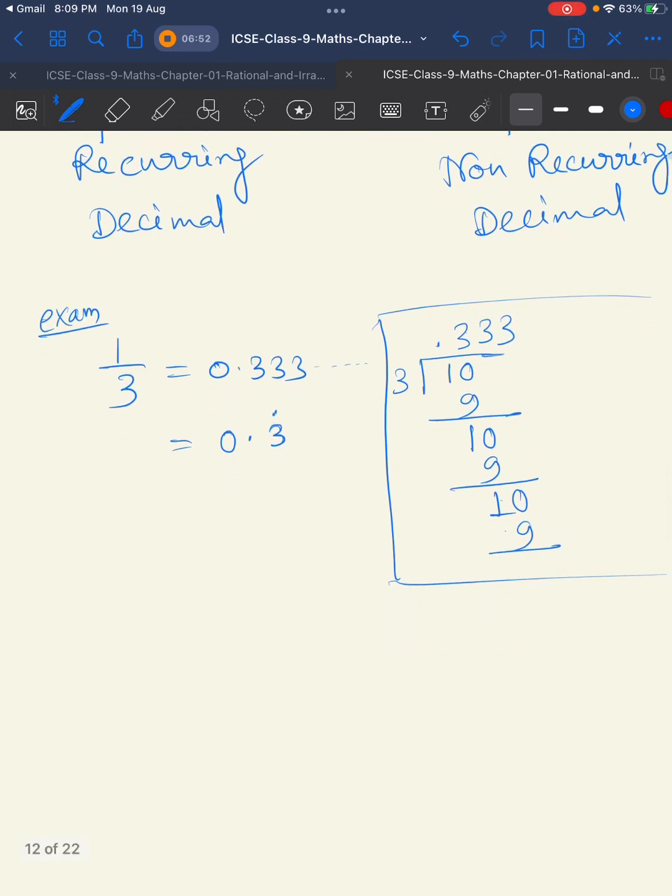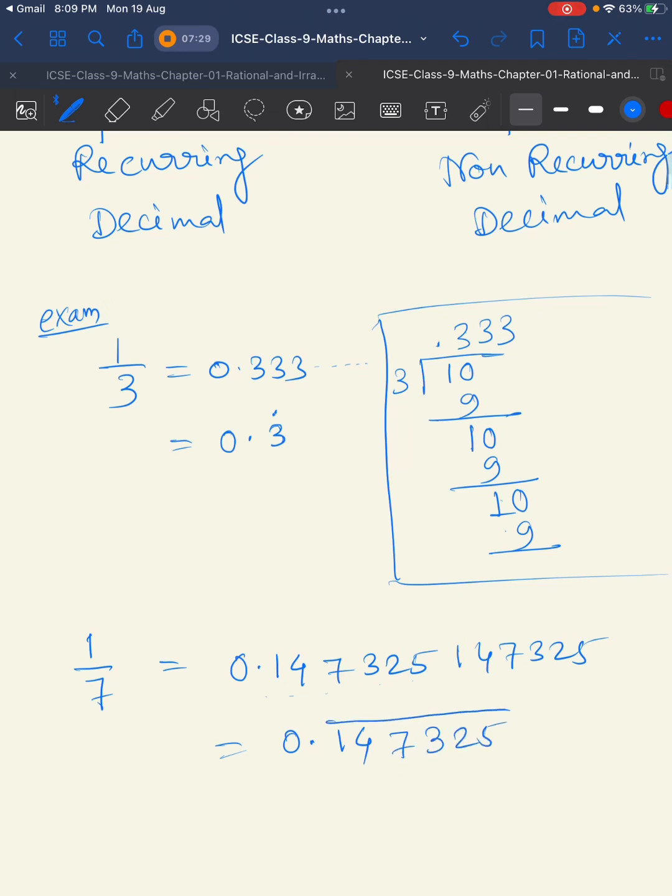Now another example is 1/7. So this is 0.147325, 147325. This set of digits is repeated here, so we put the bar on the set of these digits.